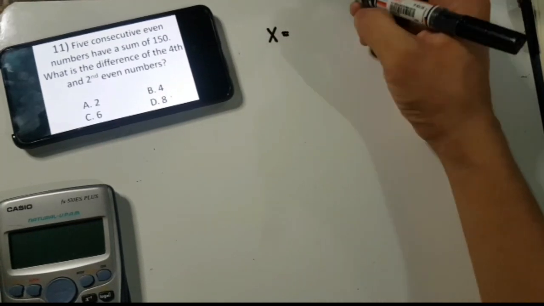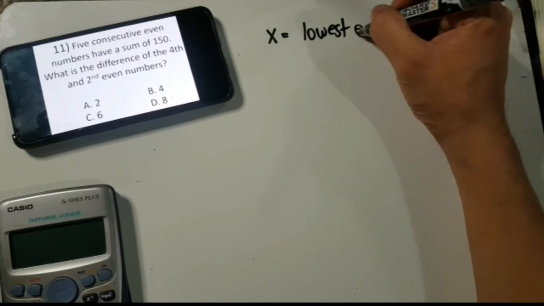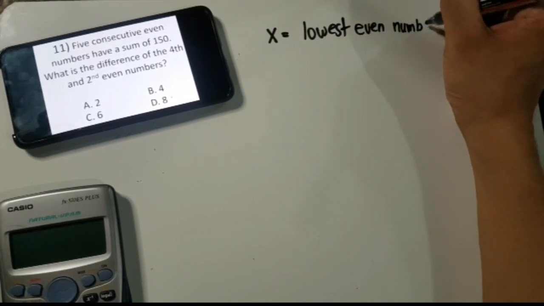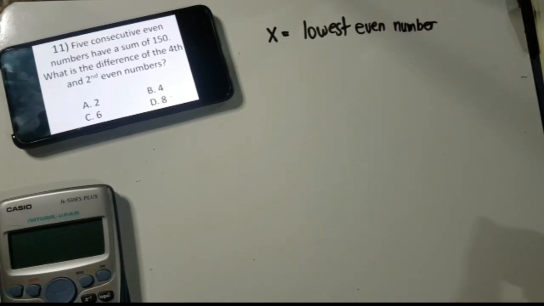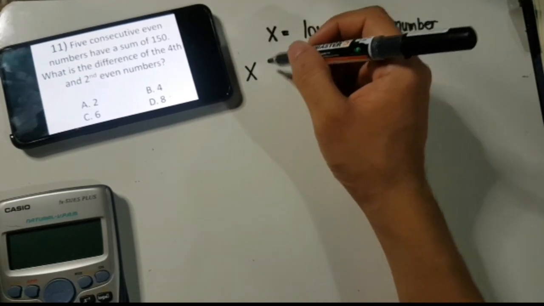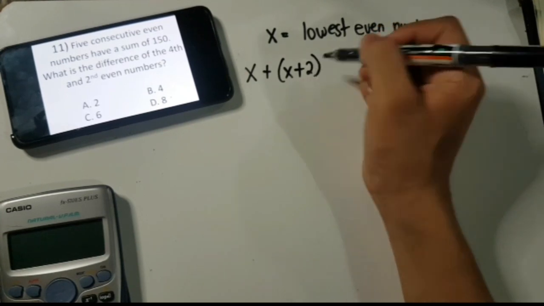Let x be the lowest even number. Next. So, since this is even number, add ng 2 per each number. So, x, ito yung lowest even number, plus x plus 2.